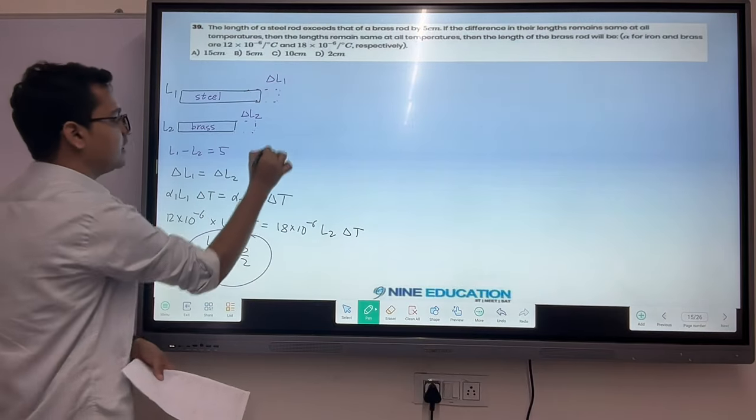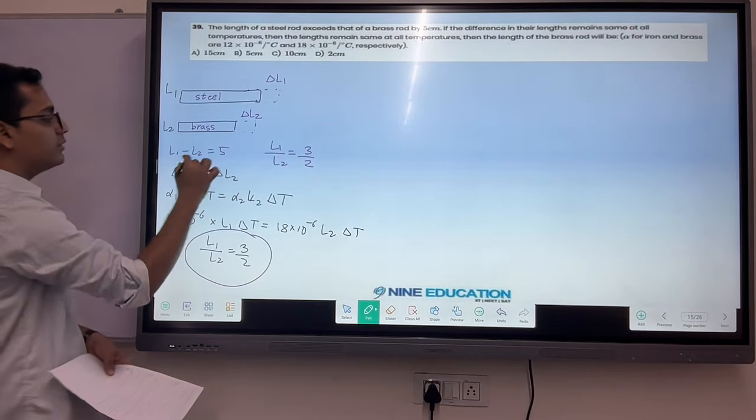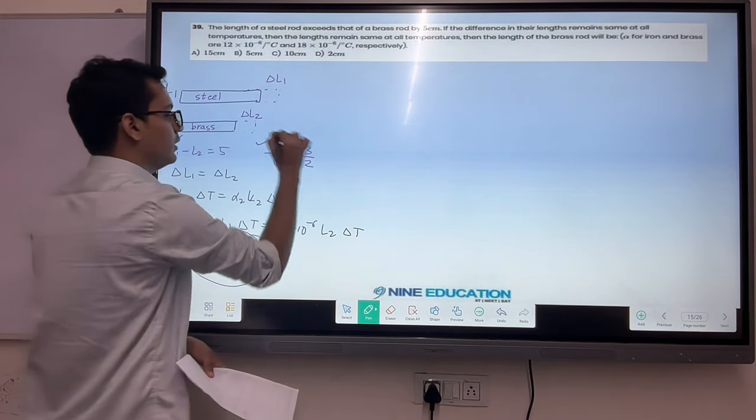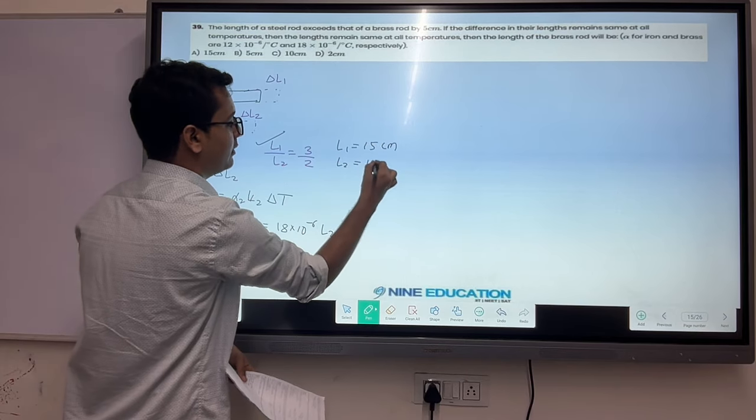So use this equation L1 by L2 which is equal to 3 by 2. If you solve for these two equations, you will get L1 as 15 centimeter and L2 as 10 centimeter.